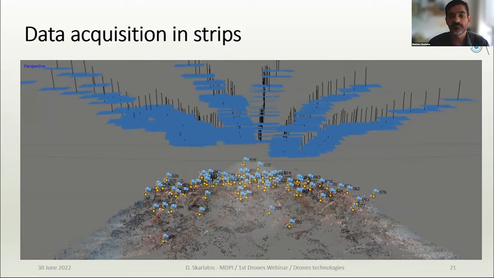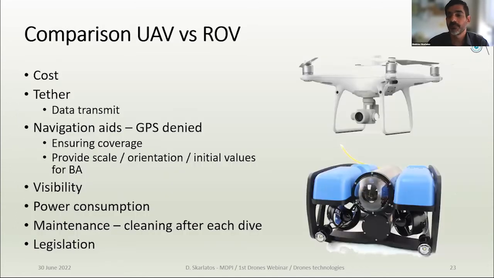This is a textbook, let's say, photogrammetric acquisition on an underwater site, on Mazotos in particular, which much resembles what drones can do in aerial mapping, which brings us to the inevitable comparison of UAVs and ROVs. One comparison has to do with budget and cost.